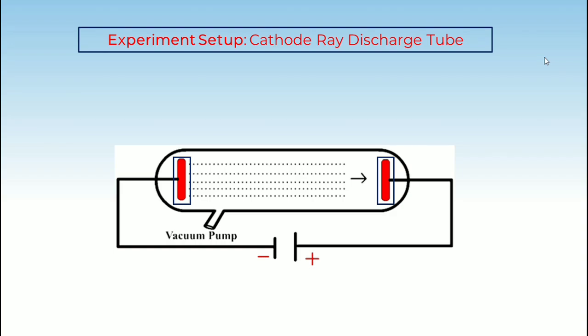So this is the experimental setup of the cathode ray discharge tube. Now we'll see how this cathode ray discharge tube works. Here is the vacuum. Here are the two electrodes.